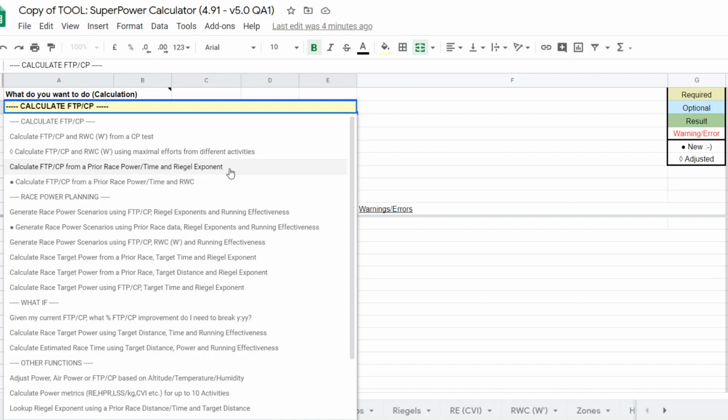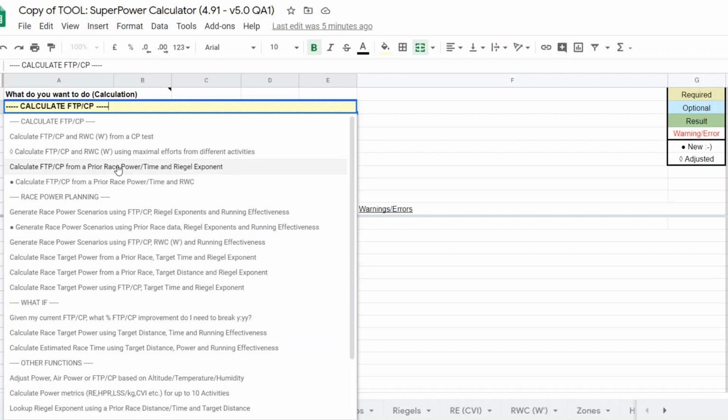This is estimating FTP using race data. It uses the Riegel formula, that model, and so you need to have a Riegel exponent, and there are ways of either knowing it or estimating it. We have those features in the calculator, but it allows you to take say your 10K, or let's say you run a half marathon.